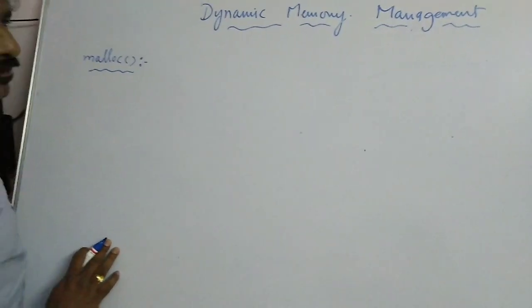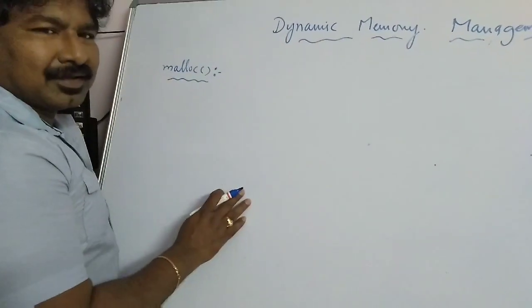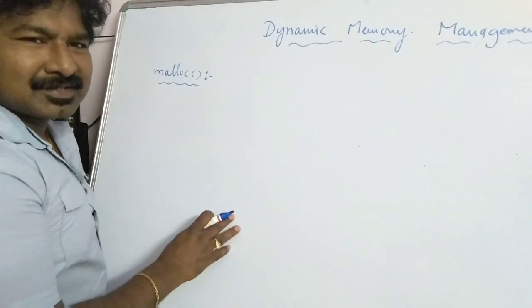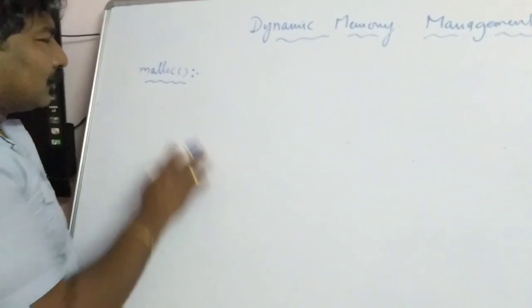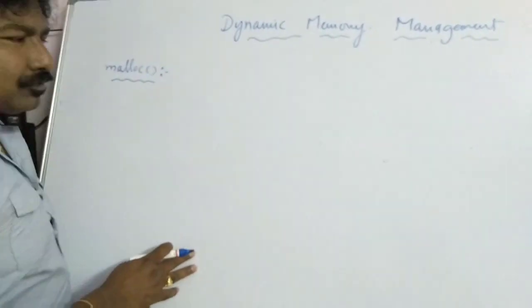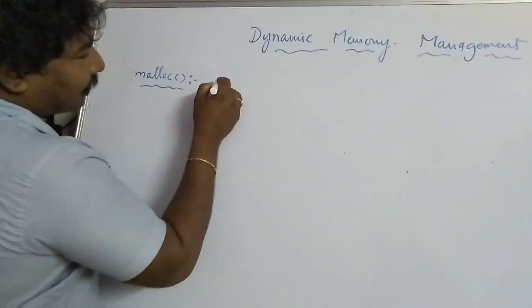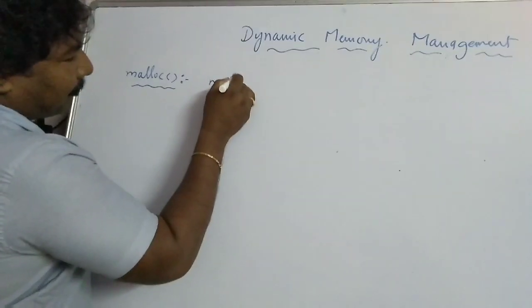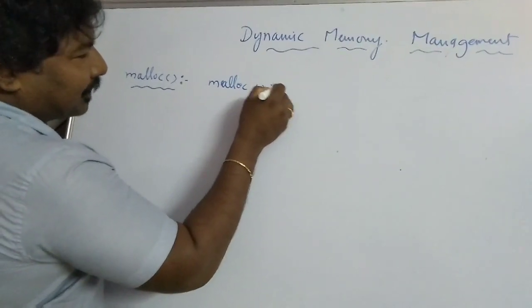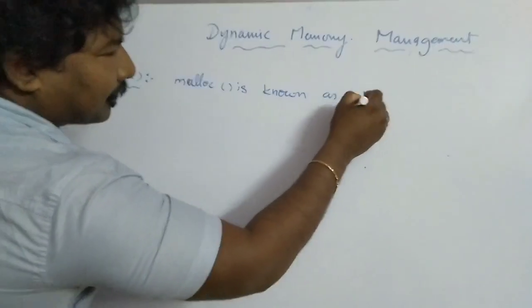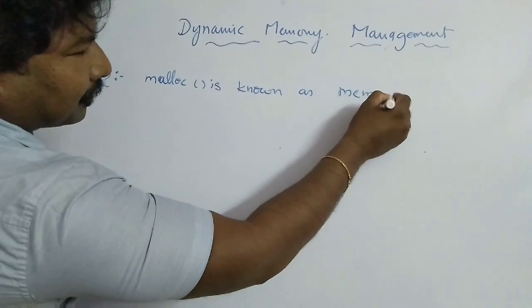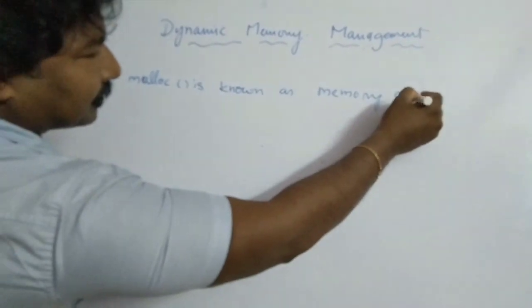Malloc is a predefined function which will allocate the specified amount of space as a contiguous, single block. Malloc is known as memory allocation.